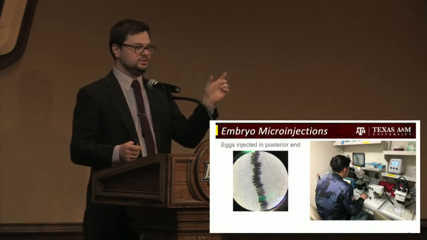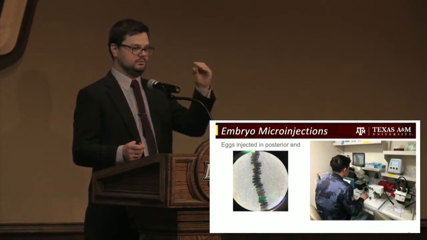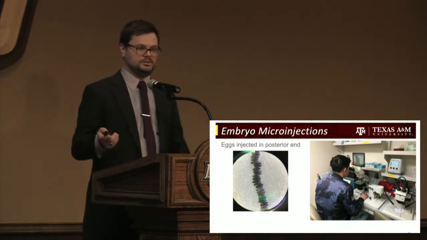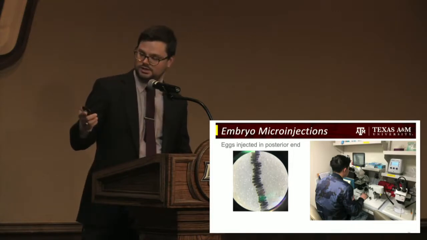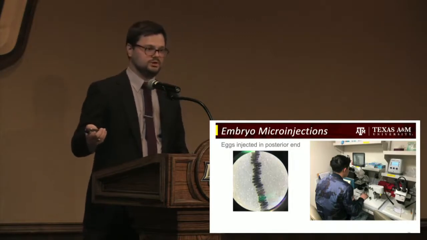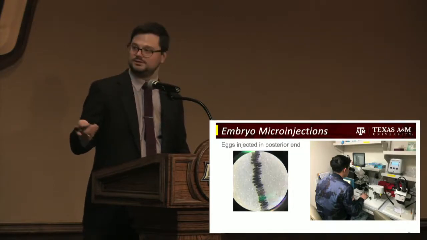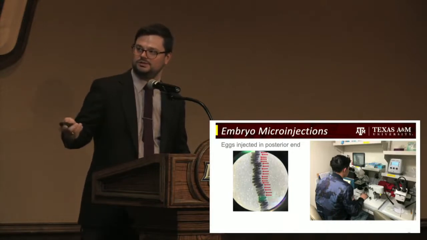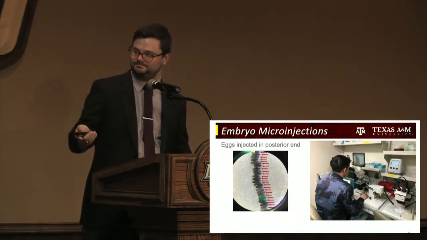And so they're similar to chicken eggs, where one end is more pointy than the other, but it's not quite as obvious as chicken eggs. And so you can see some of them are more obviously pointy, but then some of them just look like perfect ovals, and you have no idea. You just kind of have to guess. But we inject them one at a time, just down the line.